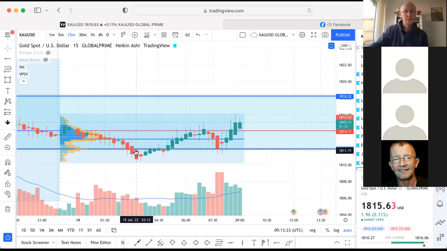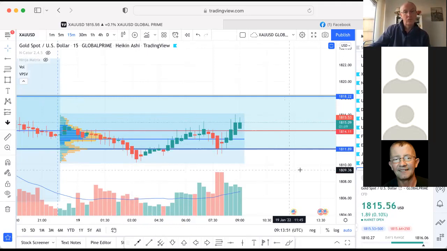You need to make sure that the price is actually heading south and not just testing and reversing. So you're better off getting in at this point here rather than getting in here and then getting stopped out and price reversing and taking you out. Okay, I hope I've explained that.